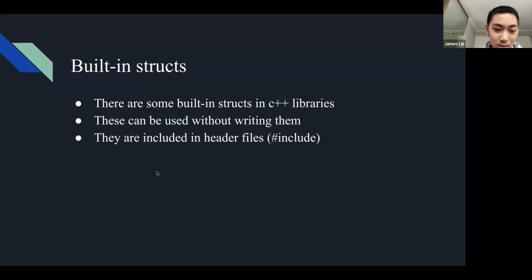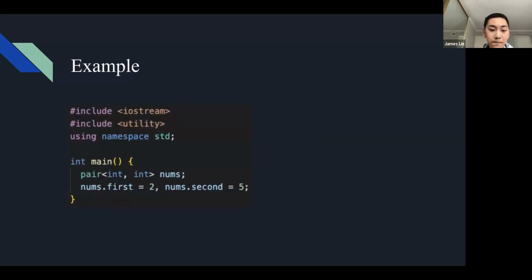Okay, so there are also built-in structs in C++ libraries. They're basically the same as built-in functions, except they're structs instead of functions. An example is the pair. Pair is included in utility.